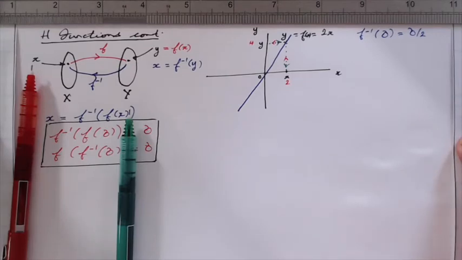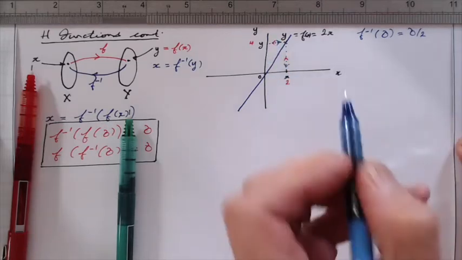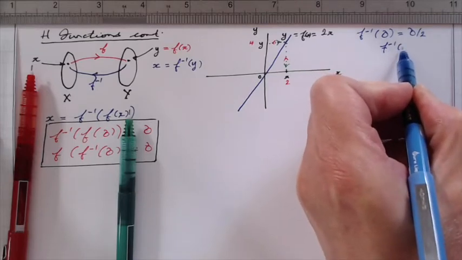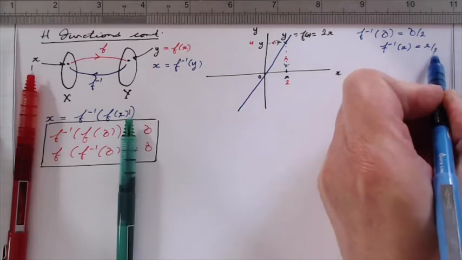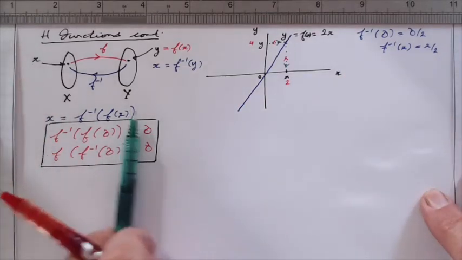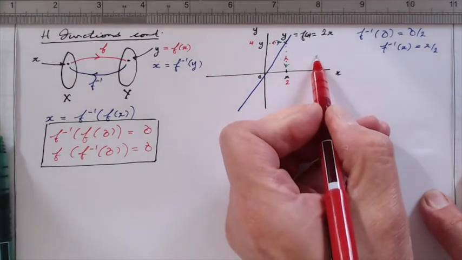So I hope this isn't too confusing now. What we can do on this graph is plot the function f minus 1 of x, which is actually x over 2. And let's just plot that. It'll be quite a shallow function passing through the origin.